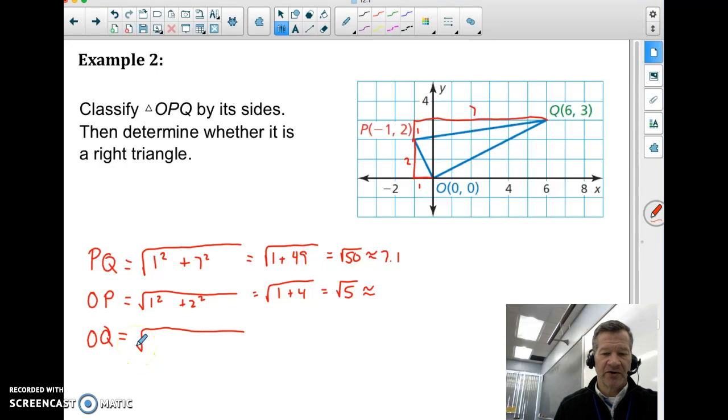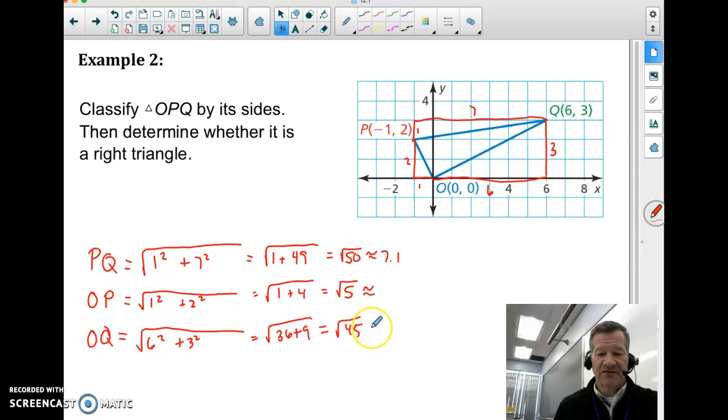Let's do from O to Q. I have to go from 0 all the way over to 6. That's 6 horizontally, and up 3, so 3 vertically. So that would be 6 squared plus 3 squared. 6 squared is 36, and 3 squared is 9. If I add those together, I get the square root of 45.